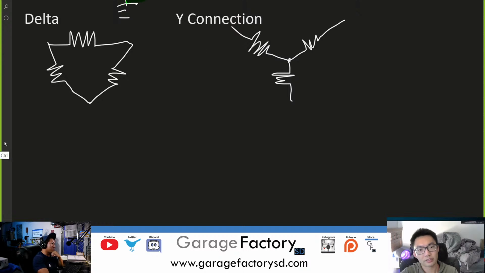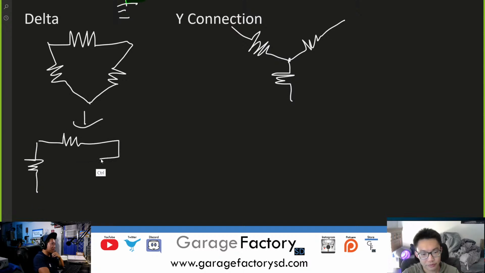Okay, so the delta configuration is also known as the pi network. So you could kind of split this end like that, at the ground.